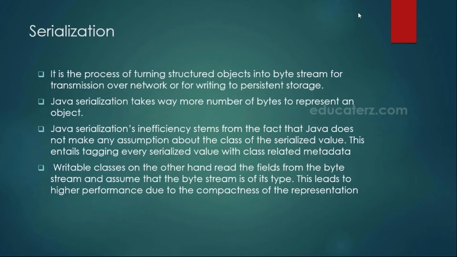With the help of the writable classes, you need not pass any of the data type information over the network. Our files already know what the input data type is and what the output data types are.